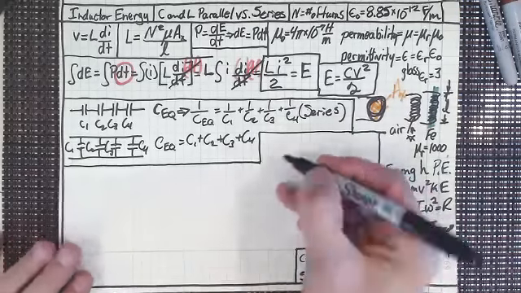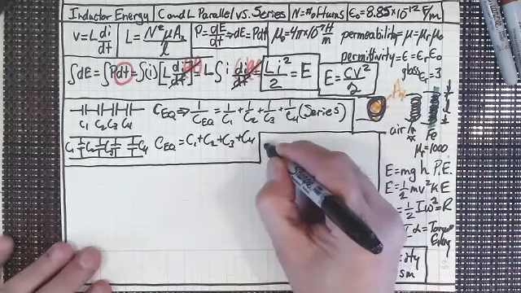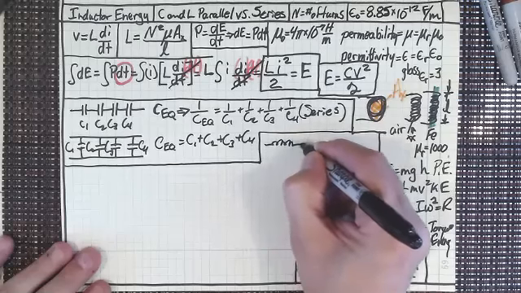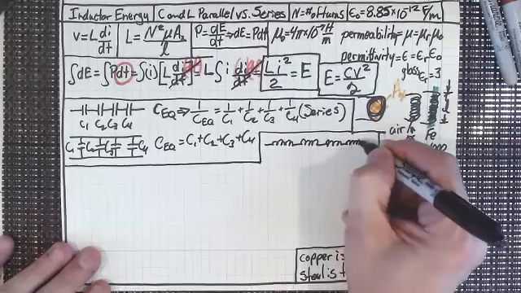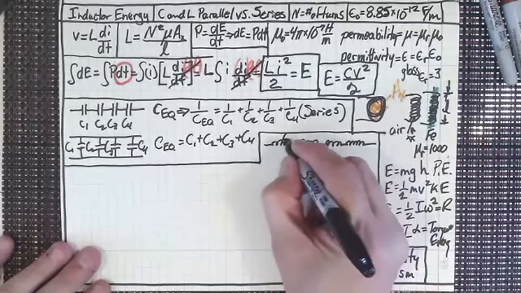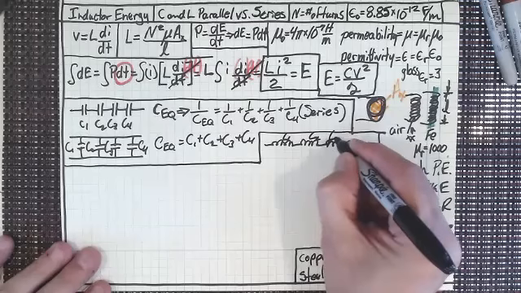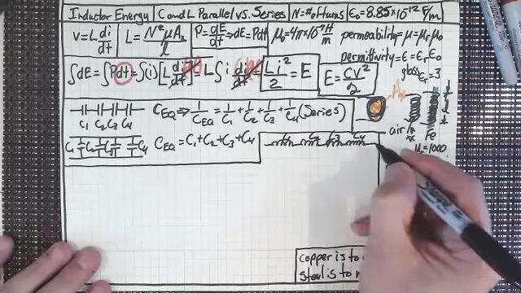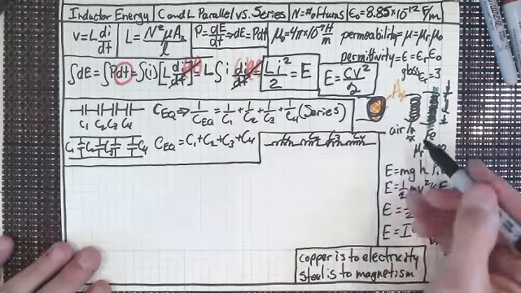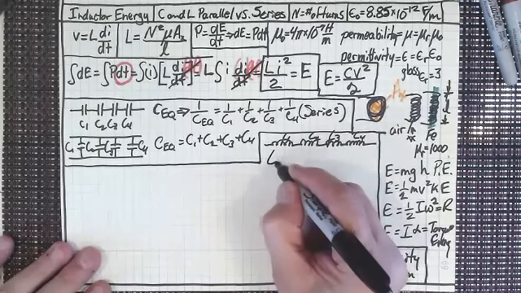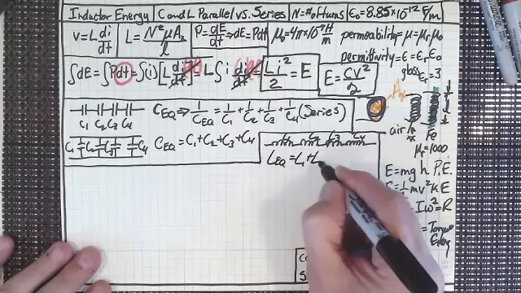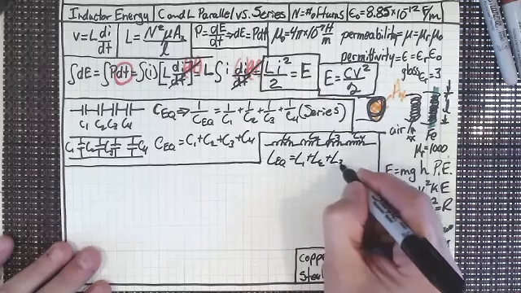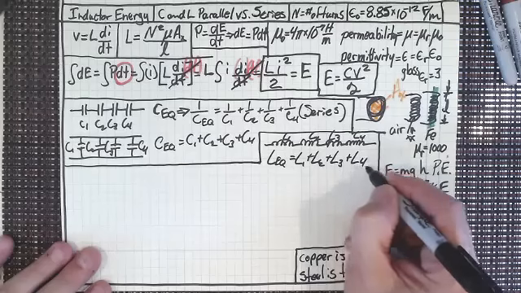And hey, what do you know? When we look at inductors, 4 inductors, L1, L2, L3, L4. These work just like resistors. So L equivalent for those in series is just L1 plus L2 plus L3 plus L4.